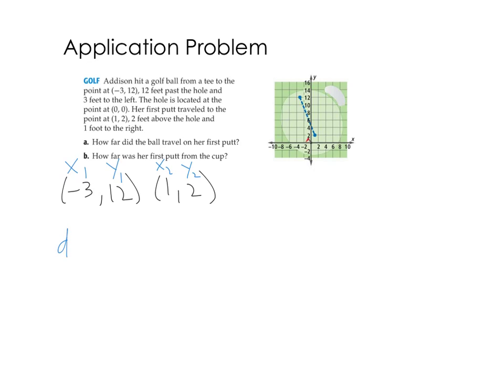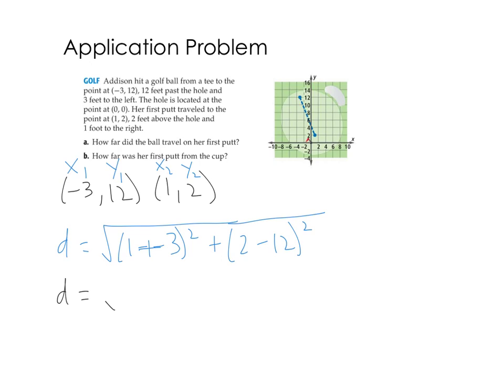So I will say distance equals the square root of x2, so 1 minus -3. 2 negatives together give me a plus, the quantity squared, plus 2 minus 12, the quantity squared. And then now I'm going to simplify. So distance equals 1 plus 3 is 4, the quantity squared, plus 2 minus 12 is -10 squared.